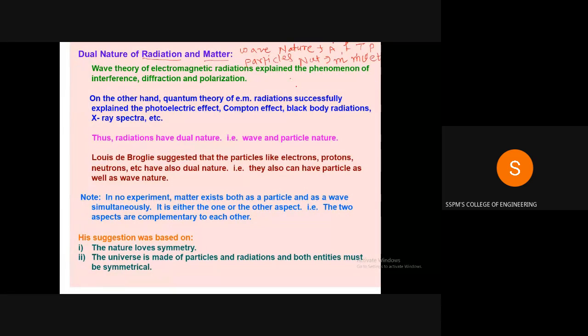This concept was put forward in the year 1924 by the scientist Louis de Broglie. He suggested that any moving particle is associated with a wave, and that wave is a matter wave. The wavelength of that wave is expressed as the de Broglie wavelength: lambda equals h upon mv.